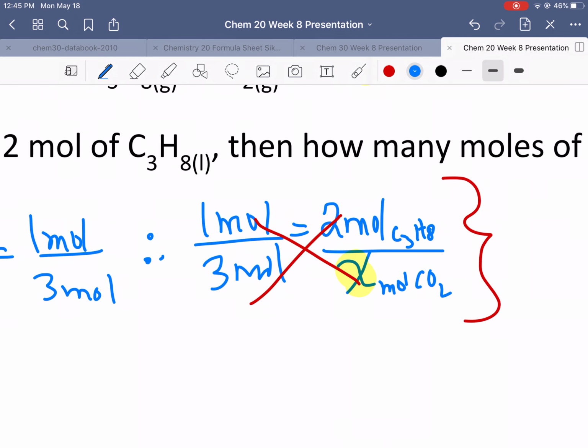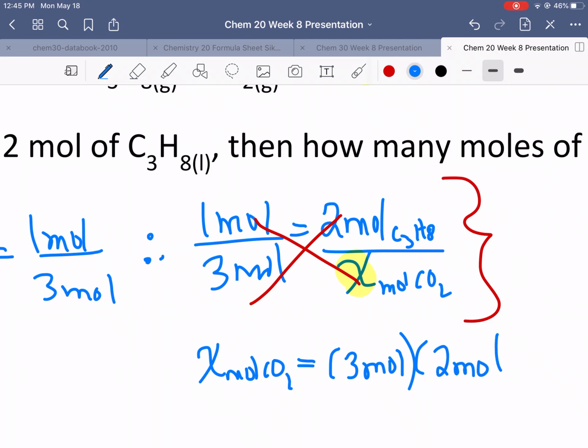Cross multiply and divide means we're going to have 3 moles times 2 moles divided by 1 mole will give us the X, right? So X moles of that CO2 gas is going to be the 3 moles times the 2 moles, and this is 3 moles of CO2, that's where that came from, and this is 2 moles of the C3H8, and divided by that 1 mole of the C3H8.